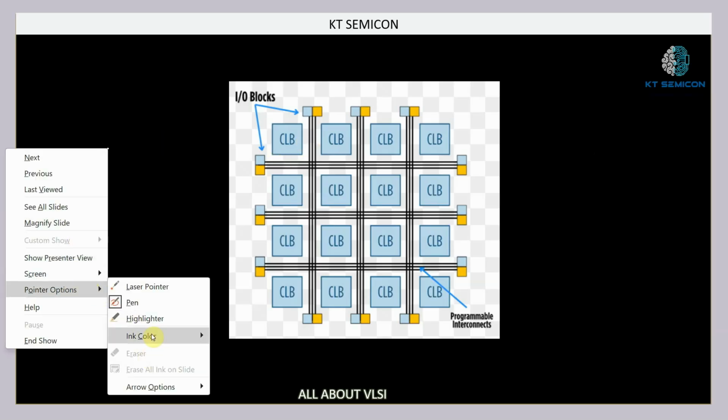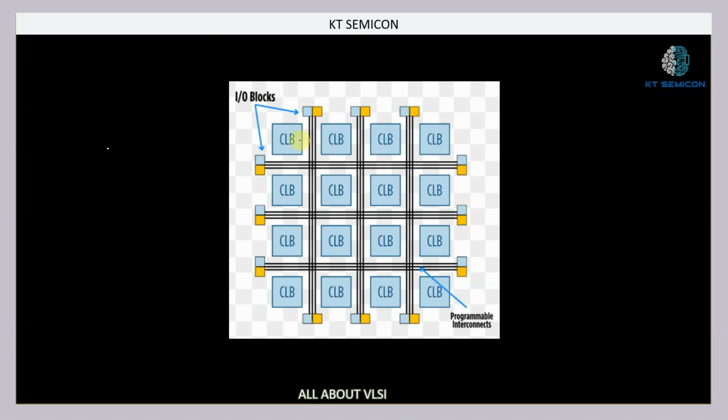Internally we are going to have CLBs, which stands for configurable logic block. These are like islands surrounded by routing lines. So these are all our CLBs, and the CLBs will be connected with each other using these routing patterns, which we can see. This is nothing but my interconnects. These interconnects are used to connect my CLBs.